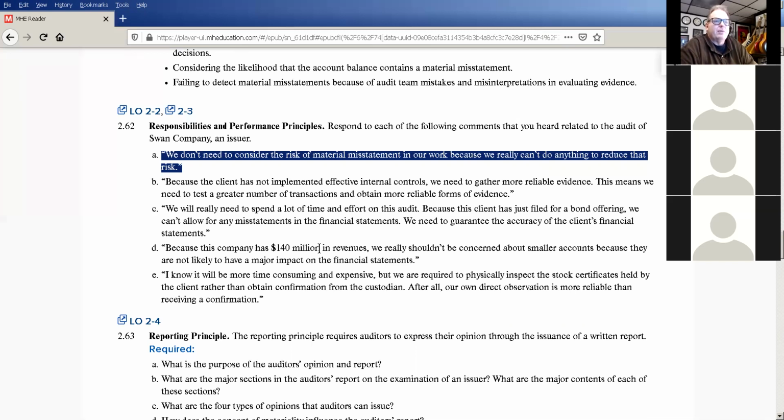It's true that the controls of the client dictate that, but you assess it so that you know where to focus your audit attention. So yes, you do need to consider the risk of material misstatement. The higher the risk, the more auditing you have to do. The lower the risk, the less auditing you do. Okay.